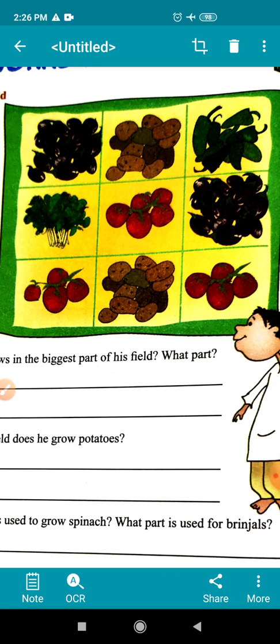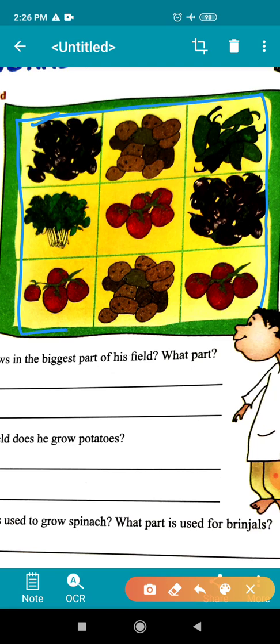Here question number 1 is from Ramu's field. Children, in this picture of Ramu's field, you can see he has divided his field into 9 equal parts, and in each part he has grown different vegetables.